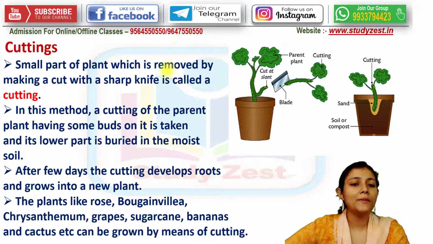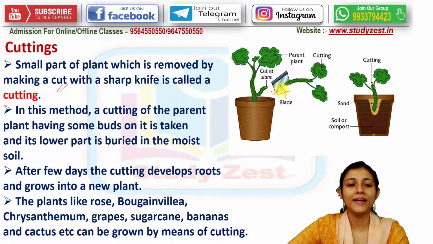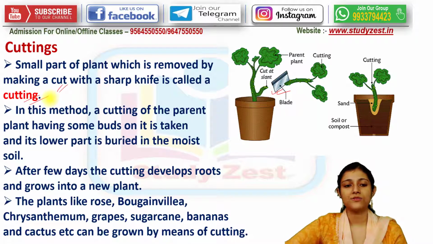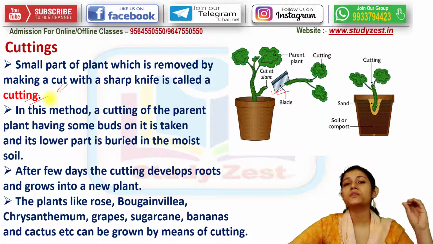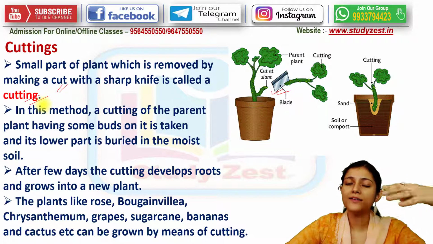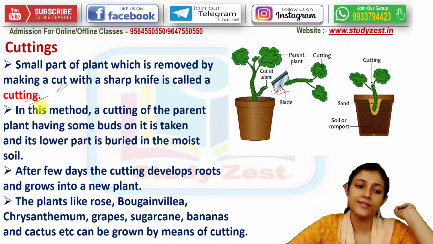A small plant part is removed by making a cut, here with the help of this blade, or a sharp knife can also be used. This process is known as cutting. The process in which a small part is cut from a parent plant, either using a blade or a sharp knife, is called cutting.